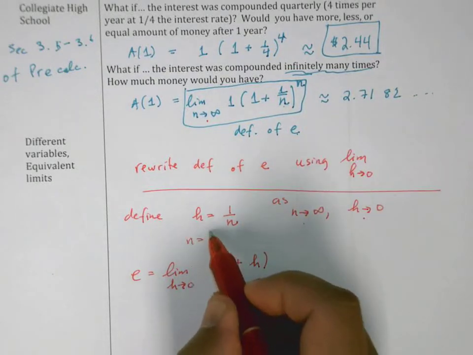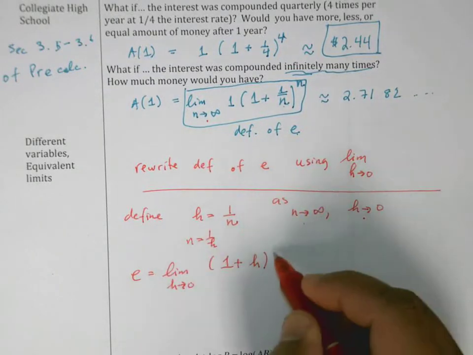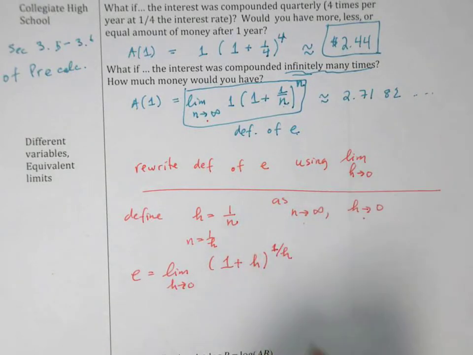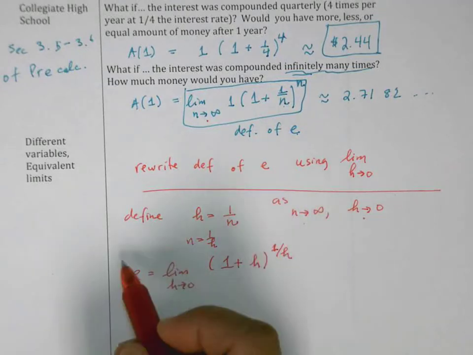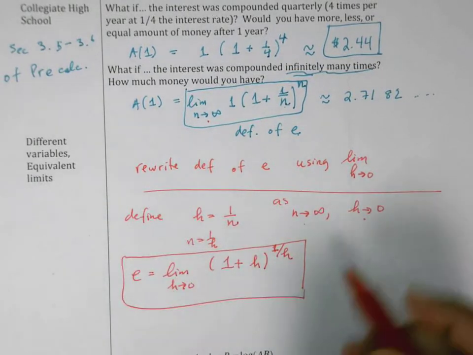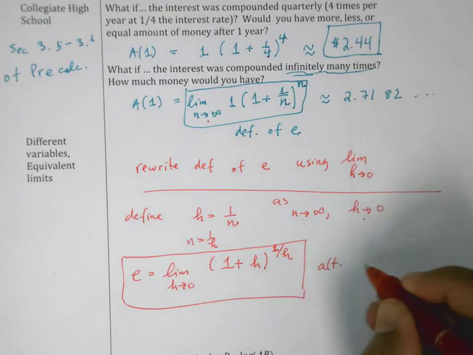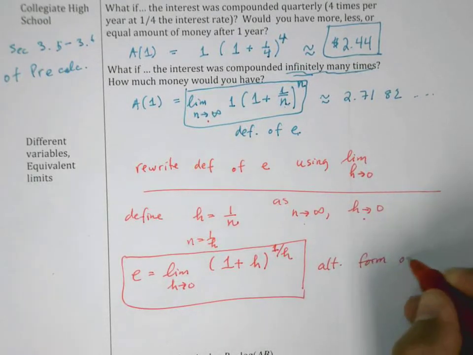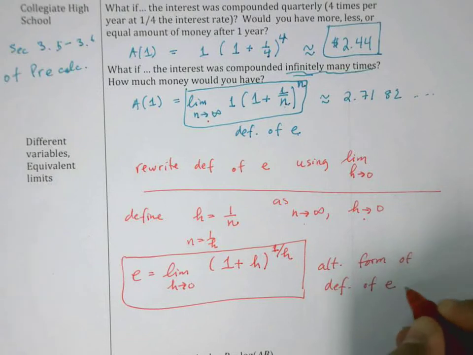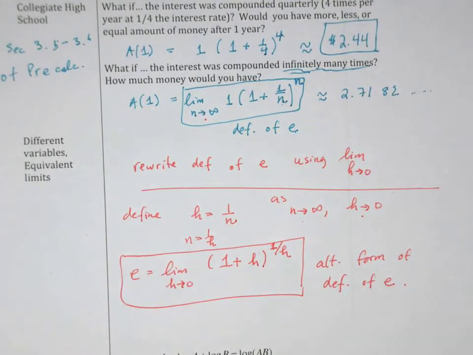So we're rewriting everything in terms of h, with the understanding that h is just 1 over n. And again, this is another form of the definition of e.